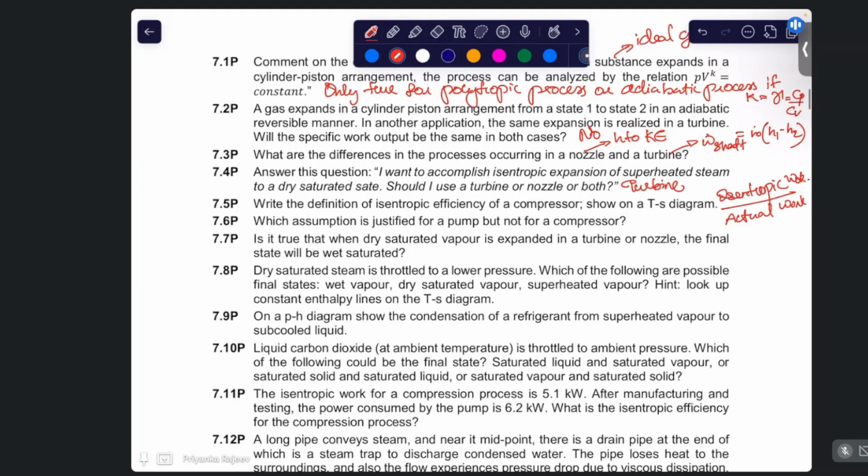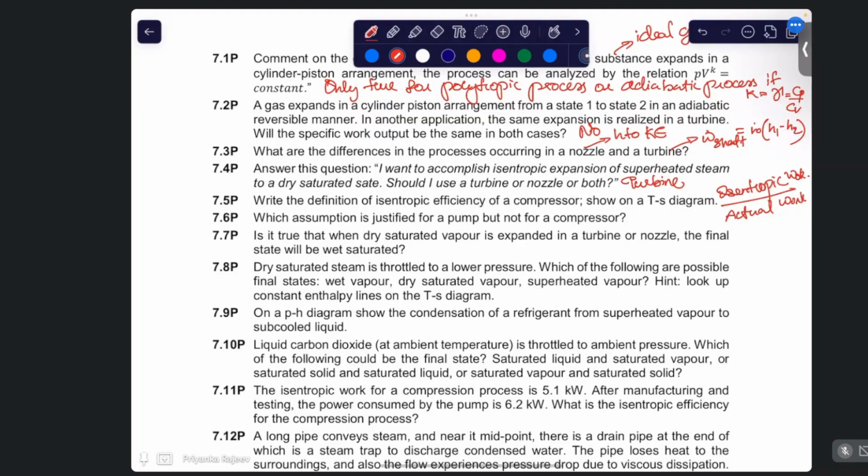Next: which assumption is justified for a pump but not for a compressor? For a pump, we assume the working fluid is incompressible.